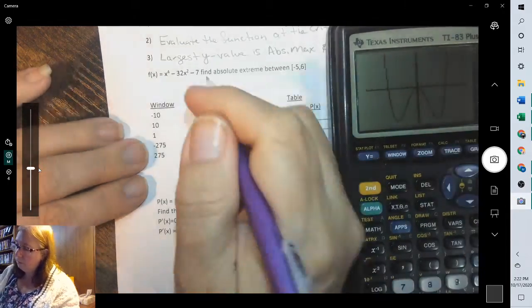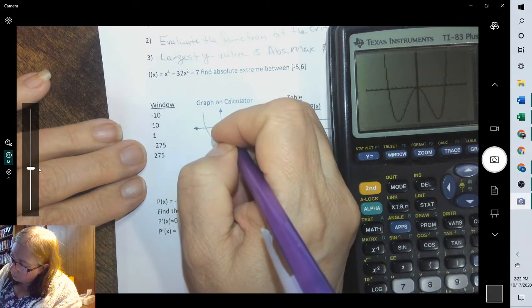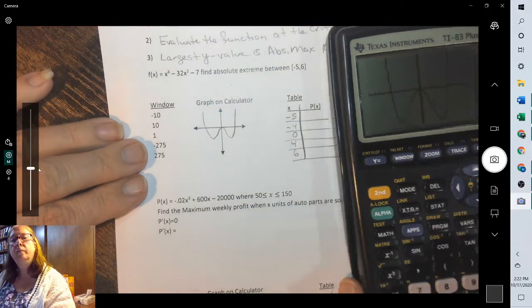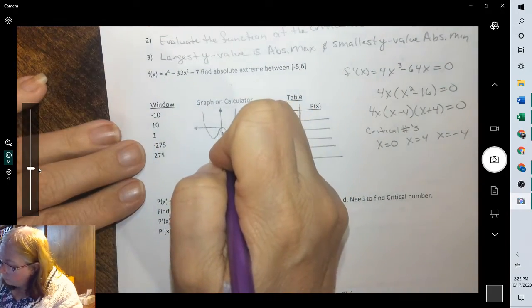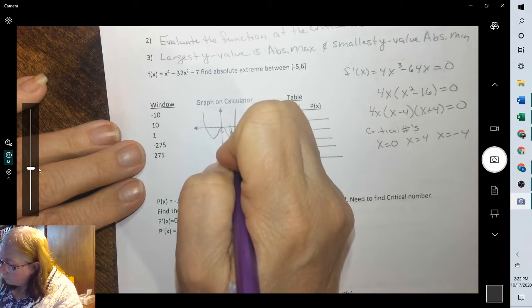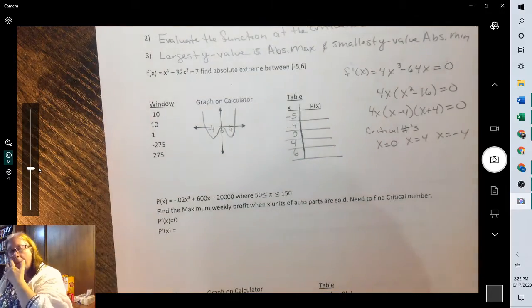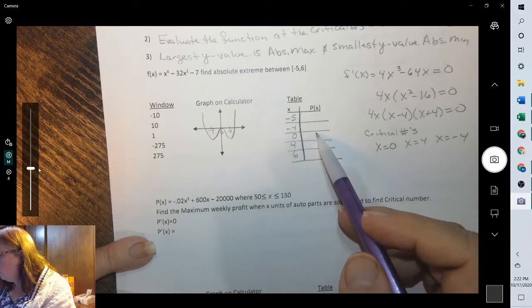So it looks like that. Our critical numbers were at 0, 4, and -4. Now once you have it graphed, you want to plug these in.